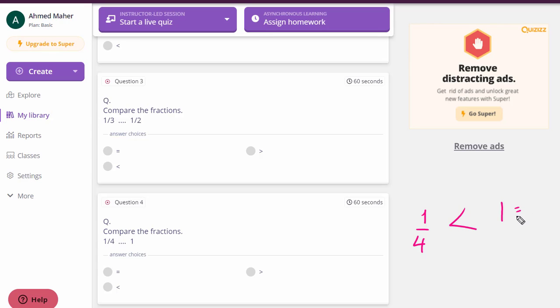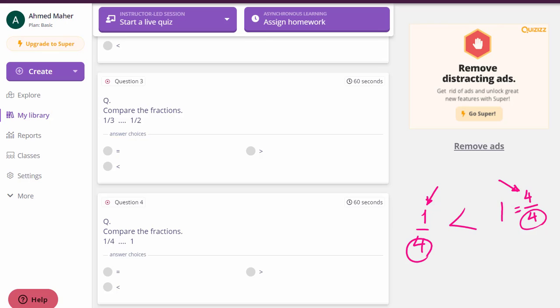Oh, no, my hero. You mean, yes, that's right. If you say that whole 1 equals 4/4, yes. So we don't need to use scissors. It's the same denominator. So simply 4 is greater than 1. Okay, thank you, my hero.